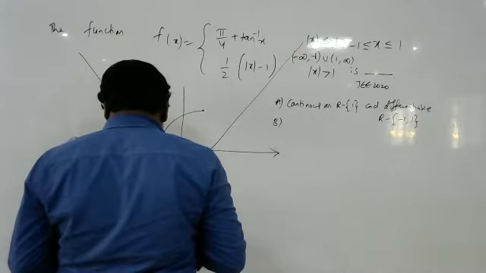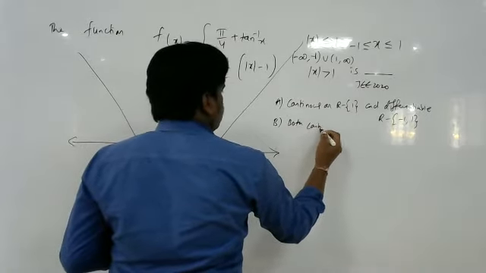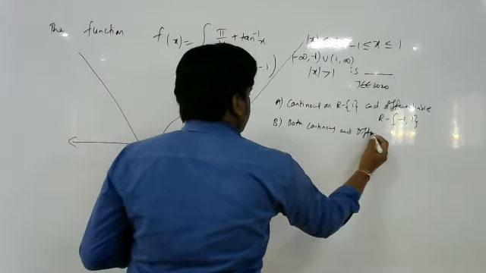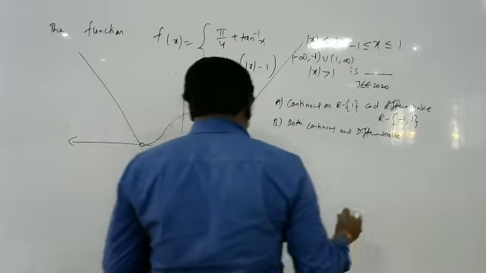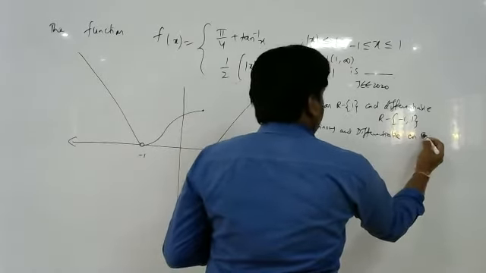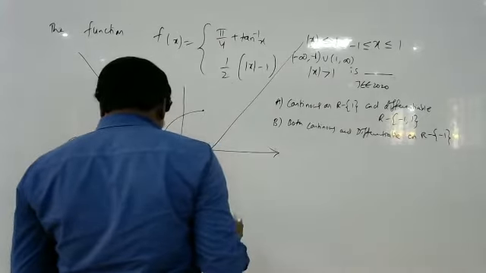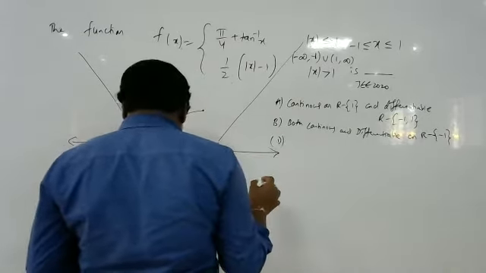Option B is both continuous and differentiable on R minus 1. Then another one is option C. I'll write the direct option.